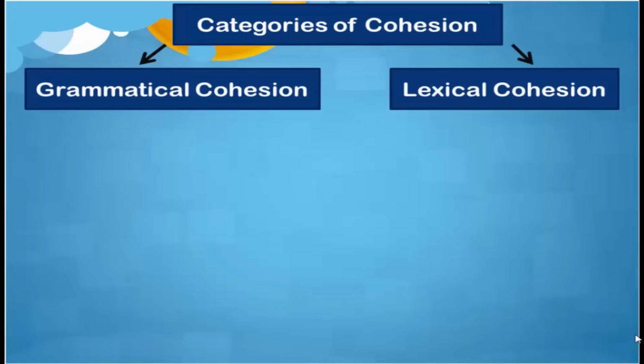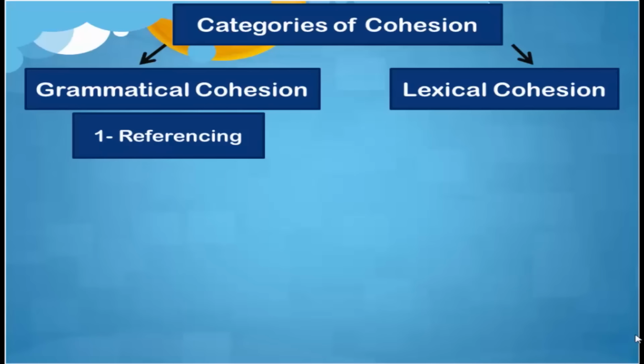The difference simply is that grammatical cohesion studies the cohesive ties between elements of a whole sentence, whereas lexical cohesion studies relations between a word and another word, or even perhaps the same word repeated more than once for a specific effect on the reader or the listener. This we'll have in detail.